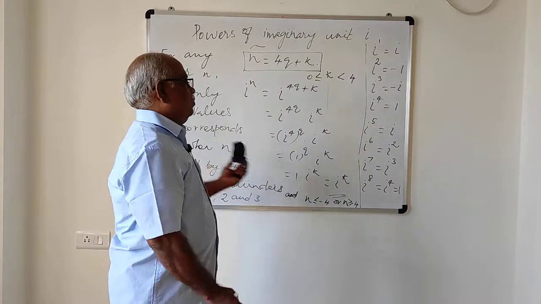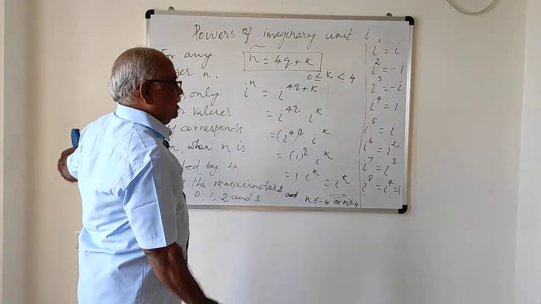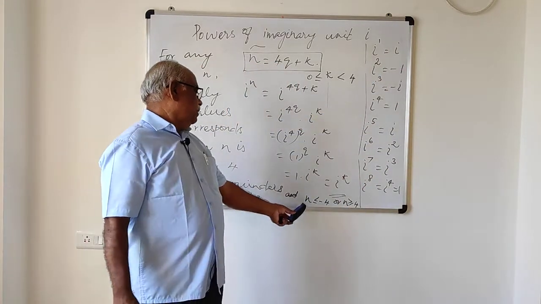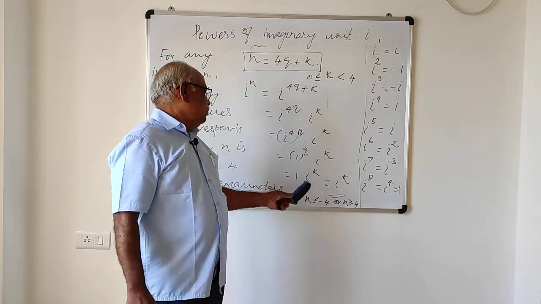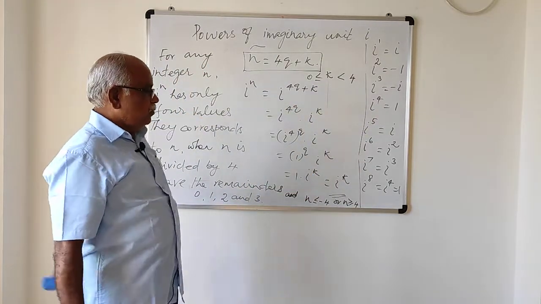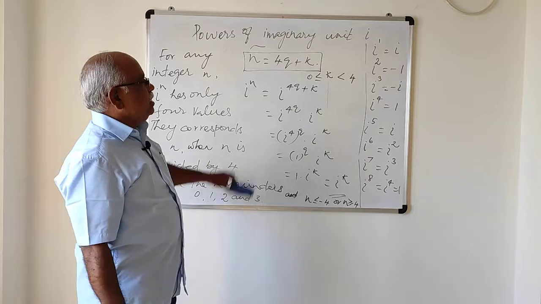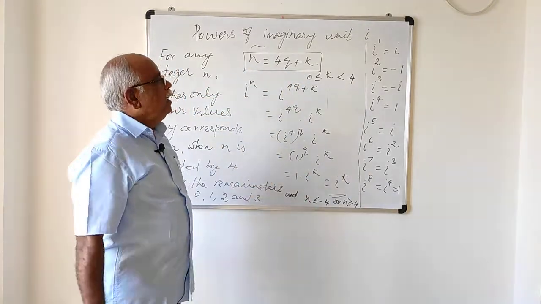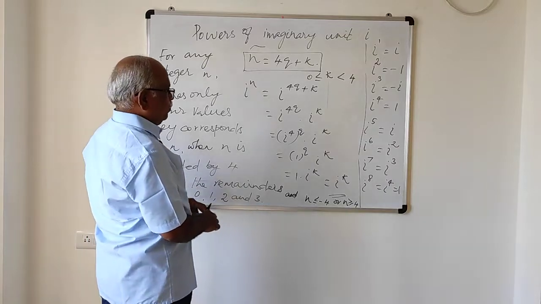Minus 4 to plus 4: less than or equal to minus 4 is the left side and greater than or equal to 4 is the right side of the real line. Like that, the powers of i are defined by using this division algorithm.